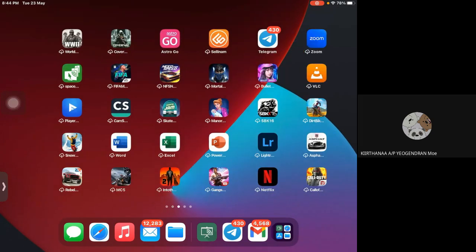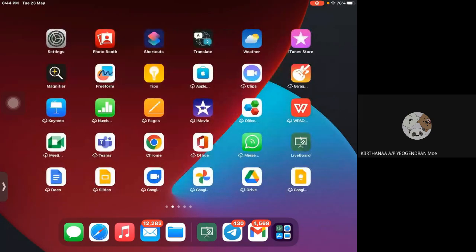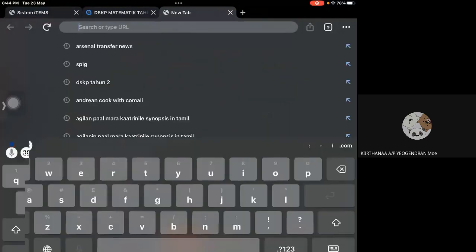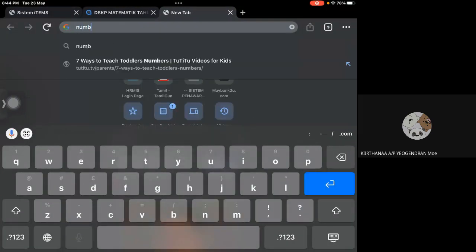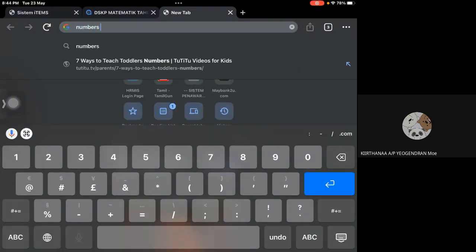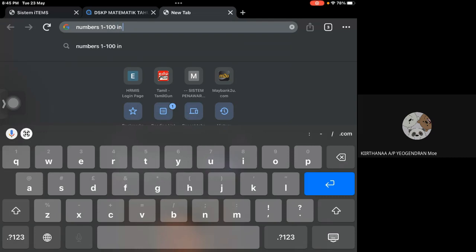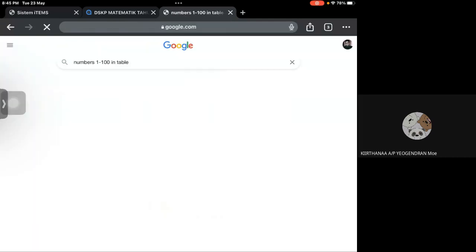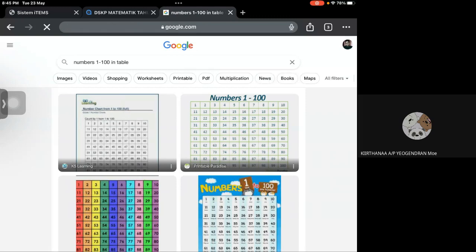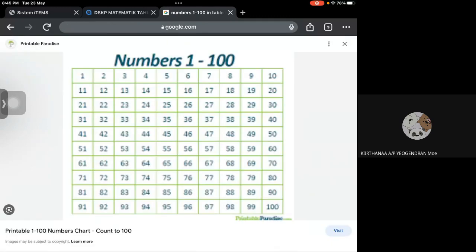We do like this. Numbers 1, 2 in a table. Okay, now we check here.